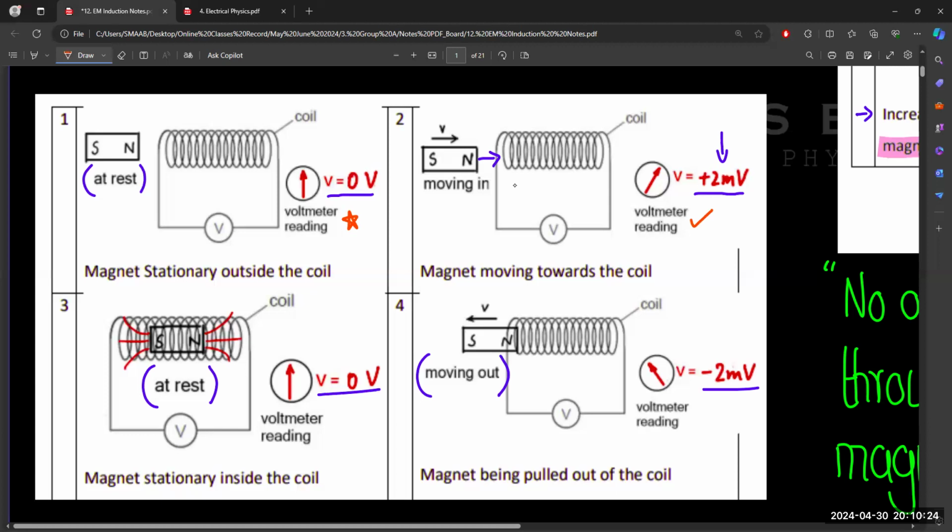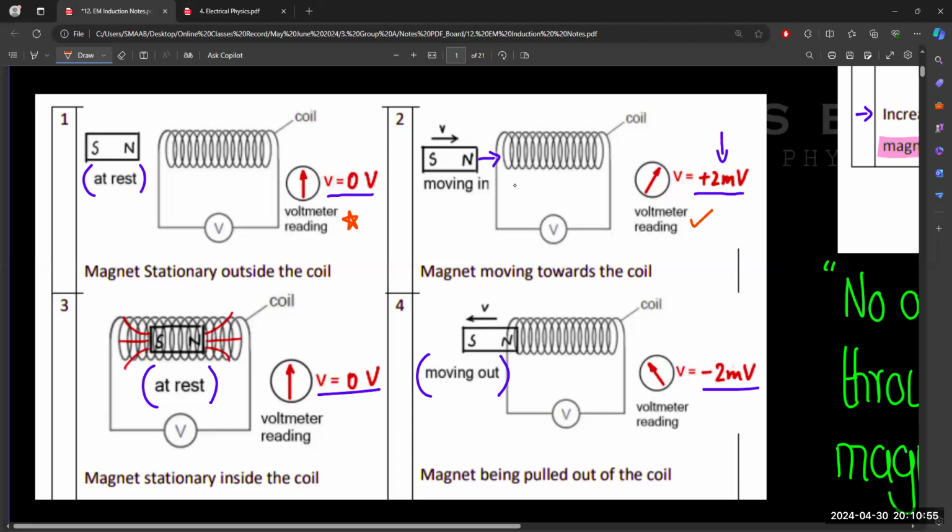Induced means a change in the circuit, or deflection in the voltmeter, due to the change in the magnetic field lines. So one change happens due to the change in another quantity. Due to the change in the magnetic field lines, an EMF or electric current is induced. This is the concept of electromagnetic induction.